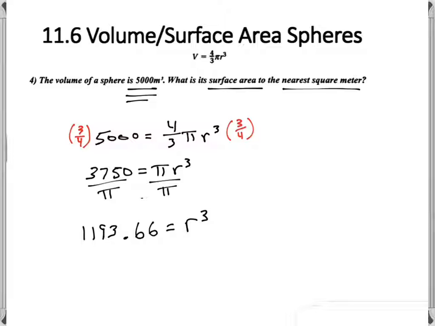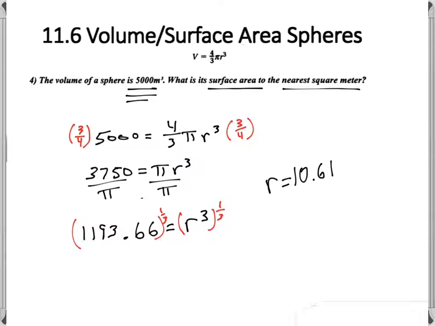To remove the cube, I have to take the cube root. An easier way to do this would be to raise both sides of the equation to the 1/3 power. So that means when I raise 1,193.66 to the 1/3 power, I get that my radius is 10.61.